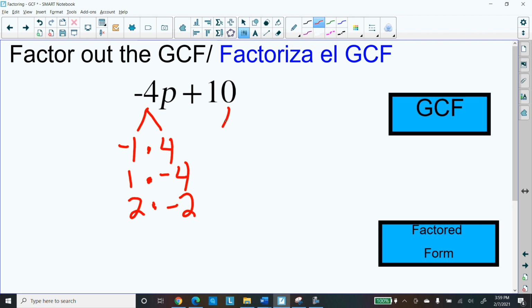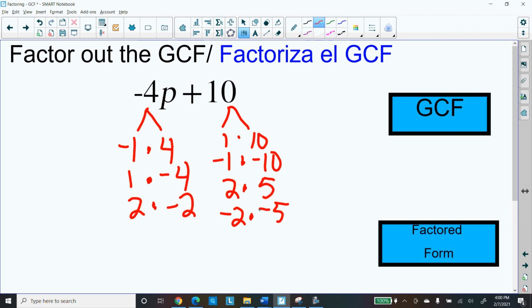So there are factors. Let me list out this factor. 1 times 10, -1 times -10, 2 times 5, -2 times -5. And let's see, do I got anything else? I think I've listed all my factors.